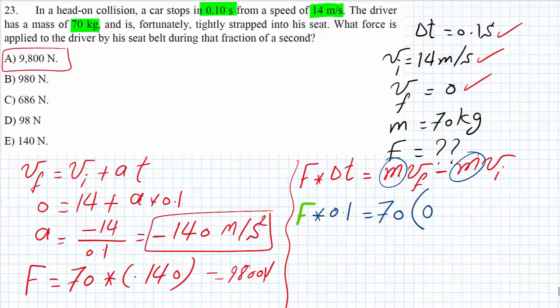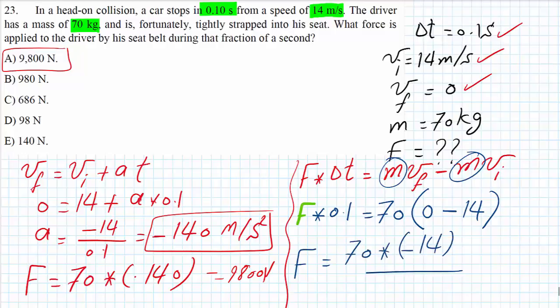V final is 0 minus V initial is 14. And let's substitute here, so it will be 70 times negative 14 divided by 0.1. It gives you negative 9,800 Newton. Again, the sign here, it shows only the direction, but he is asking for the value. So the value is 9,800.